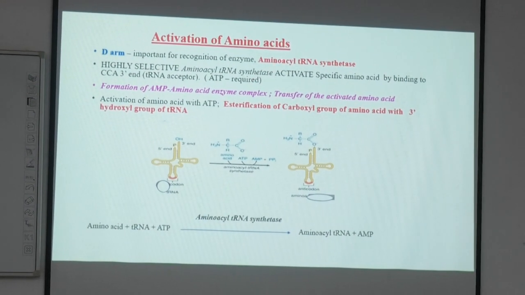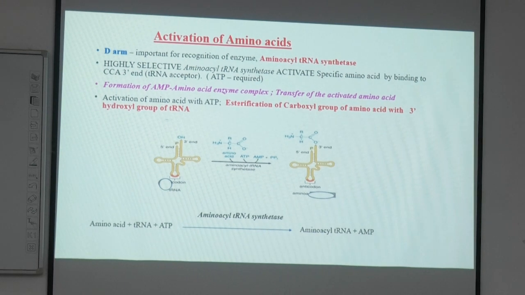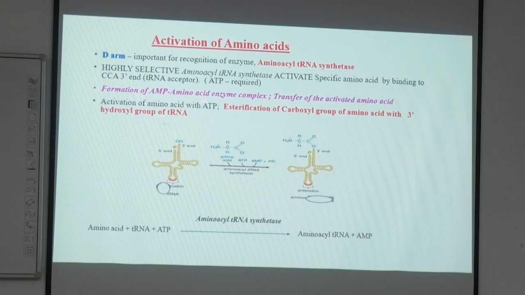For activation, energy is always required, and that comes from ATP, with formation of an AMP-amino acid complex. The amino acid is then transferred to the tRNA molecule. Here the enzyme recognizes the amino acid, and esterification occurs. So aminoacyl tRNA-AMP is formed, which is the activated form of the amino acid.